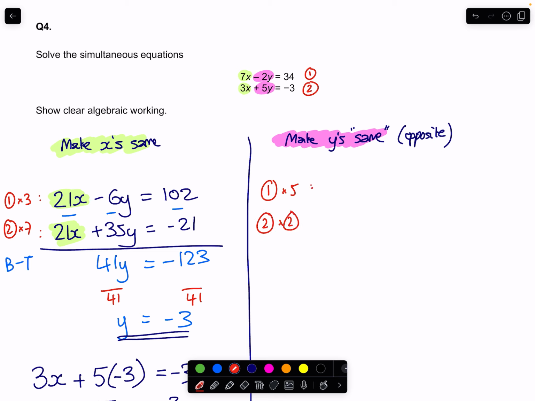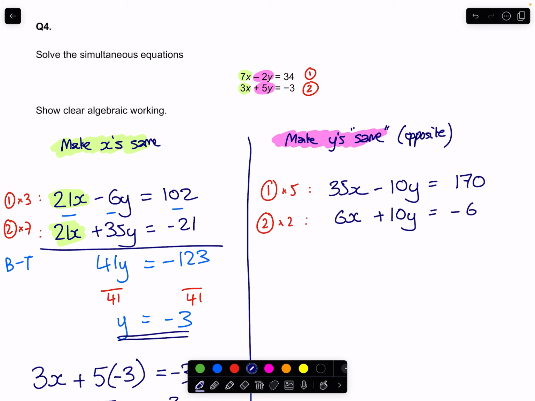When we do that, we're going to end up with a 35x minus 10y equals 170. And in the second equation, doubling everything there, will give us a 6x plus a 10y equals minus 6, like so.